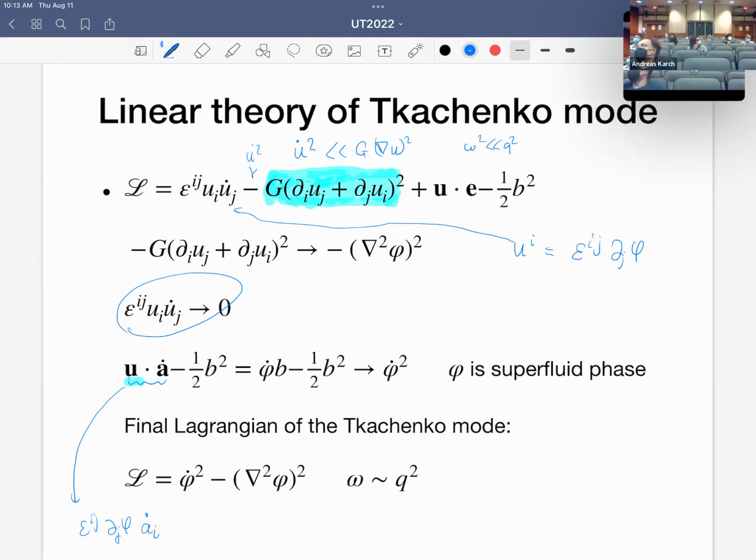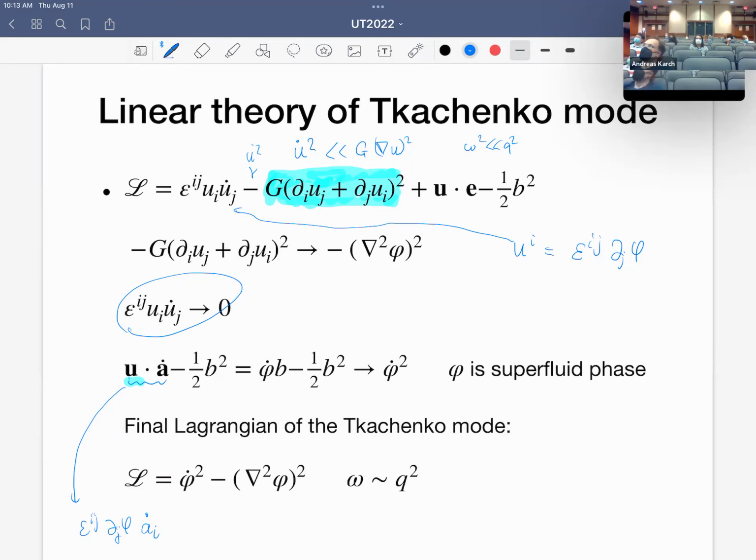So this step looks like we are doing duality in reverse. If you remember how duality is usually done, we introduce some kind of auxiliary field that enforces the Bianchi identity and then integrate out the field. This looks like we are doing that in reverse. So I think this phi must be a superfluid phase.